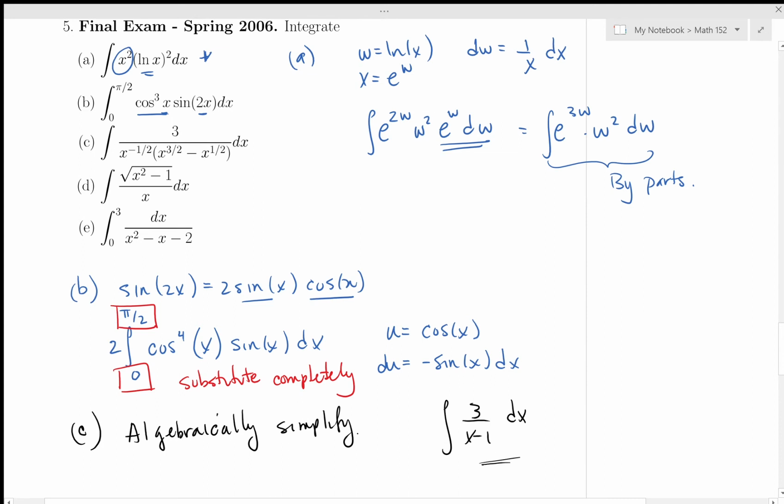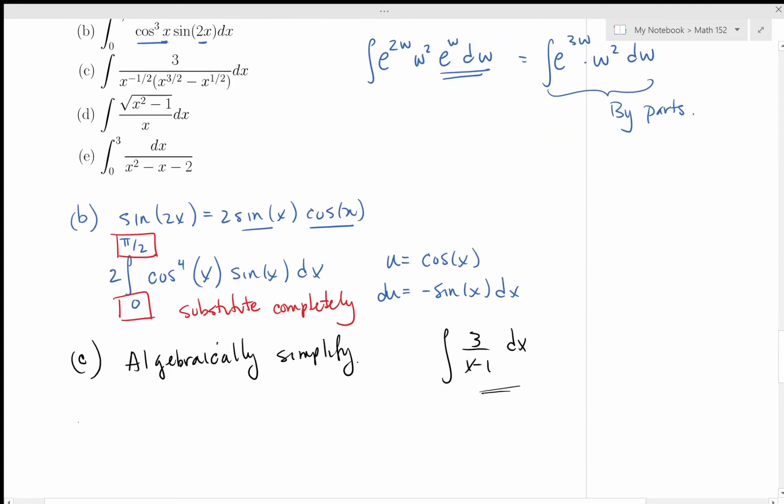Okay, D. What is D? See what method we would be using there. I see that square root of x squared minus 1, so I immediately think, that is a hallmark of needing a trigonometric substitution. Which one will it be?